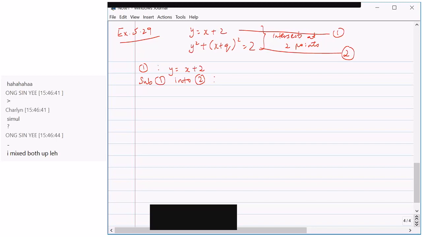This one needs practice. After a while, you will know what to do. So firstly, I substitute equation 1 into equation 2. In equation 2, I see y squared, so the entire y I change to (x plus 2) and then square. So far so good?